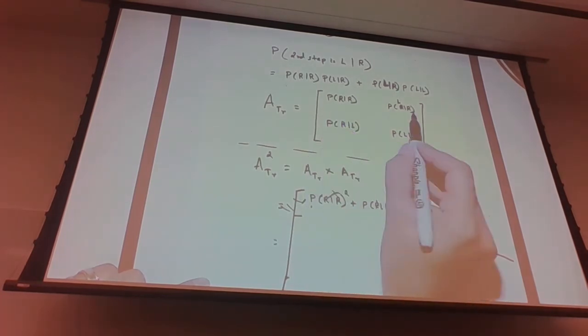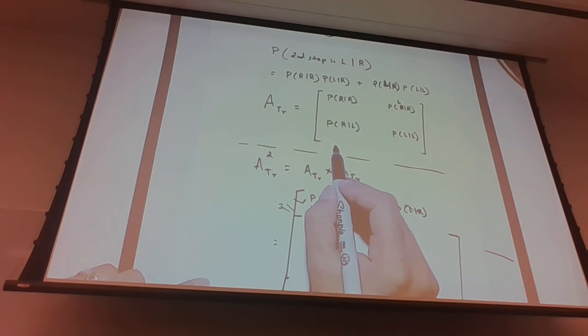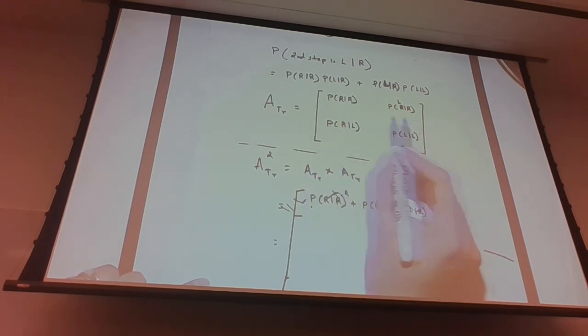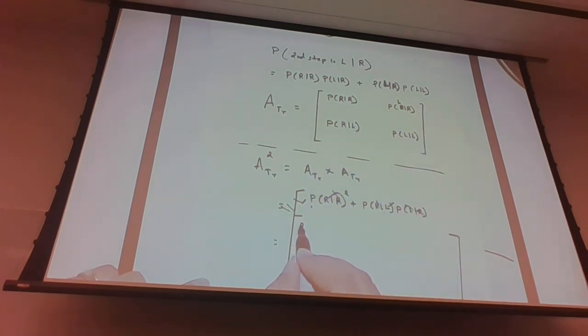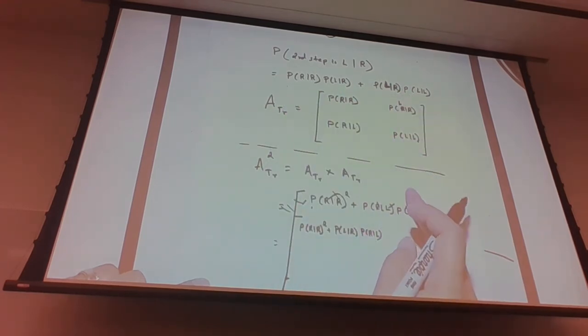So this row multiplied by this column, right? The first element is this row multiplied by this column. So that was right. P(R|R) squared plus P(L|R) multiplied by P(R|L), right? Then this one is this row multiplied by this column.